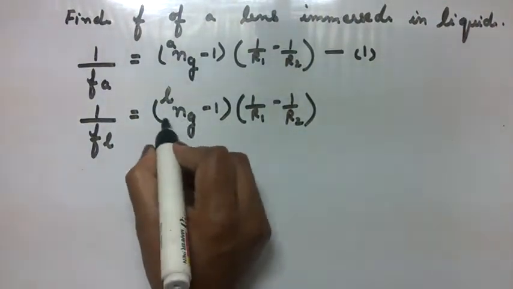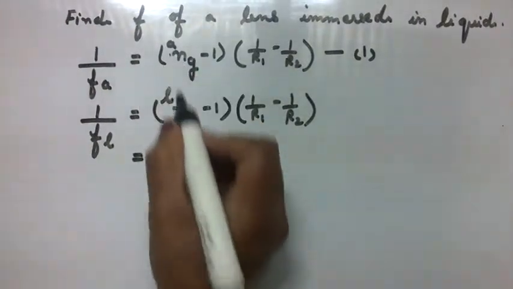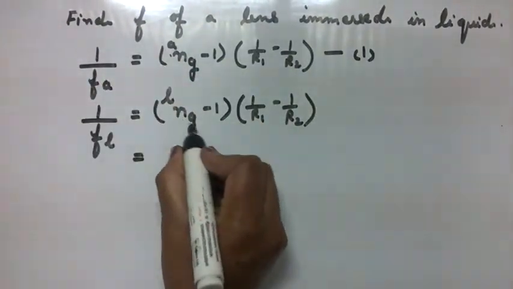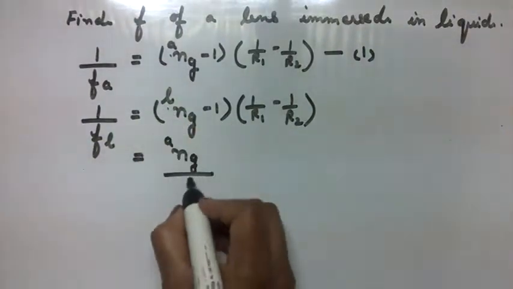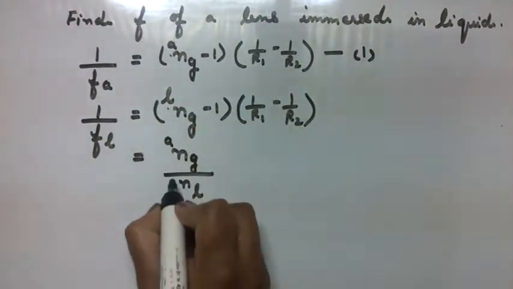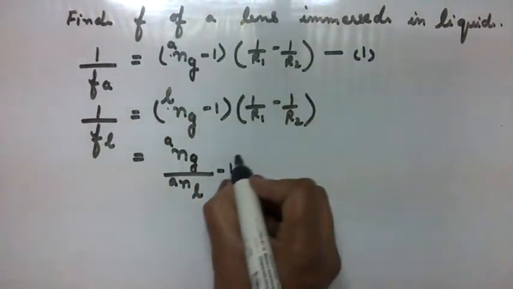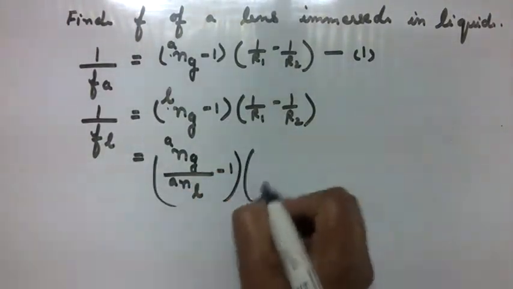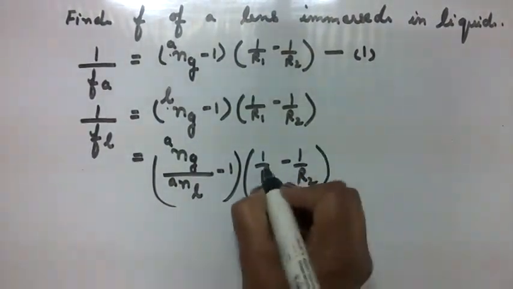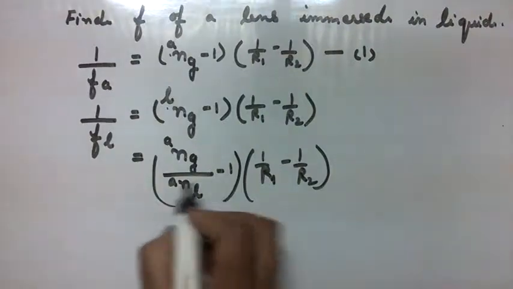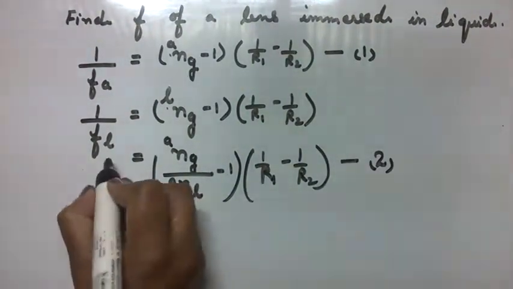And as we have learned, we can write this in terms of the refractive index of air, that is the refractive index of glass with respect to air by the refractive index of liquid with respect to air, minus 1. Give it equation number 2.